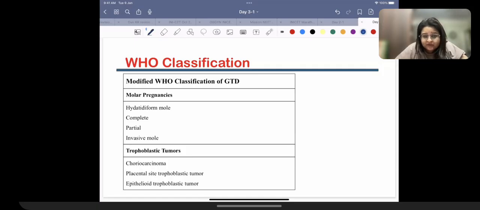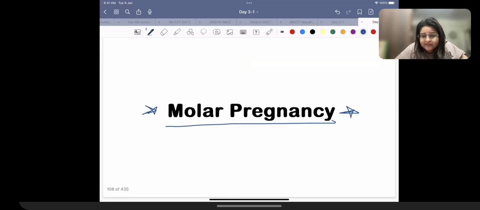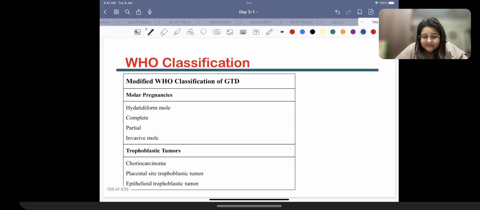Now when we talk about molar pregnancy, it is a type of gestational trophoblastic disease, GTD. The WHO classification of gestational trophoblastic disease includes molar pregnancies and trophoblastic tumors.